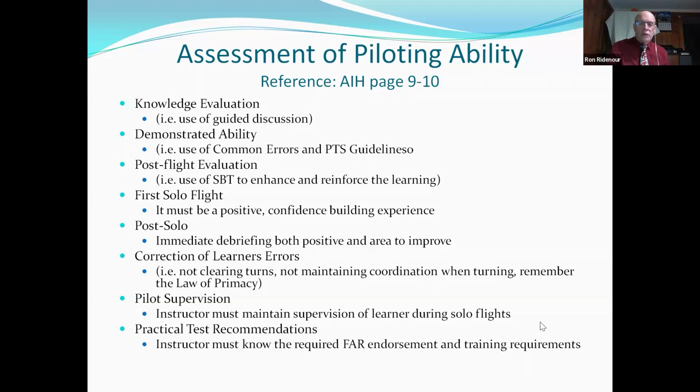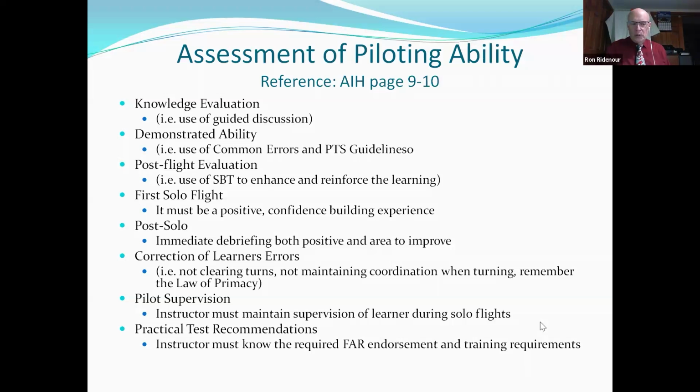Practical test recommendations: the instructor must know the required FAR endorsement and the training requirements. During the practical test for a flight instructor, it asks what endorsements would be necessary to do this or that. But when I'm the examiner, I also want you to be able to iterate what the training requirements are before you can make that endorsement, because that's your endorsement.